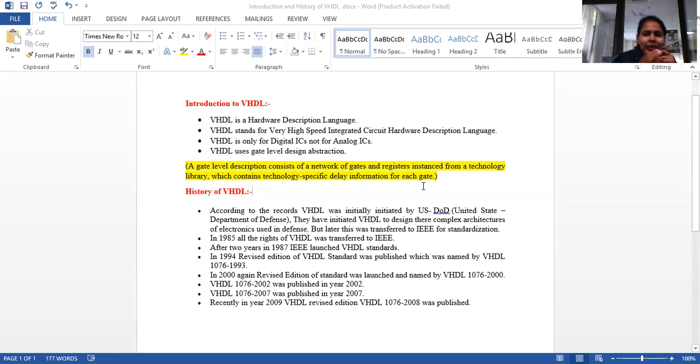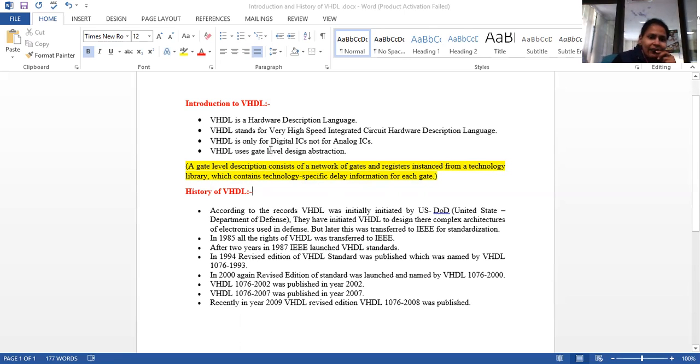Simply, in VHDL the minimum level of abstraction will be gate level. In other words, gate level design abstraction means it consists of a network of gates and registers instanced from a technology library, which contains technology specific delay information for each gate.